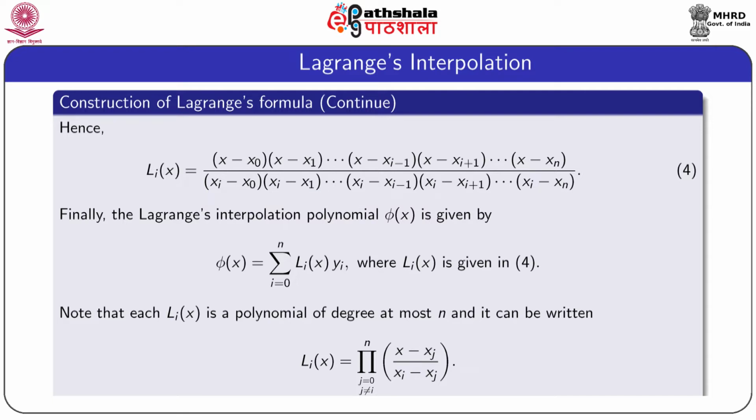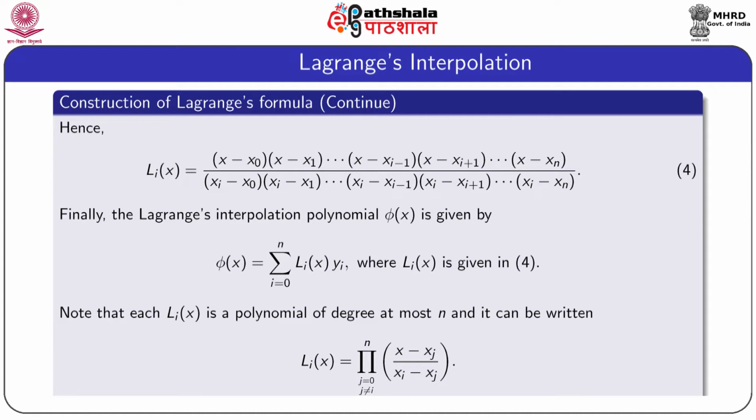So, this is the expression for the Lagrangian function L_i(x). Since L_i(x) is available in terms of the arguments x_0 to x_n, the Lagrangian interpolation polynomial phi(x) is given by phi(x) equal to the summation i equal to 0 to n of L_i(x) y_i, where L_i(x) is given by equation 4 and for all i equal to 0 to n.